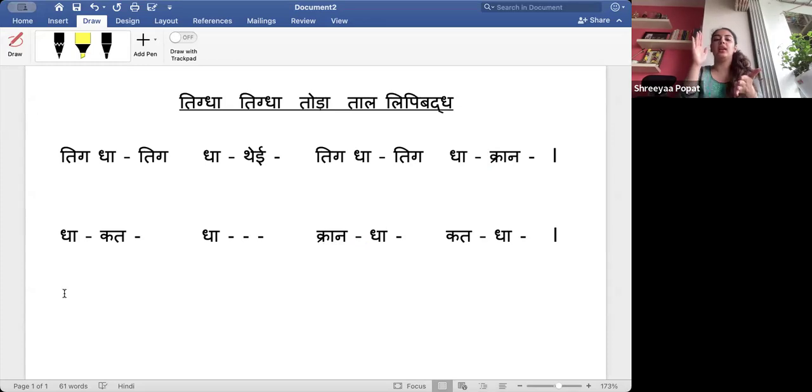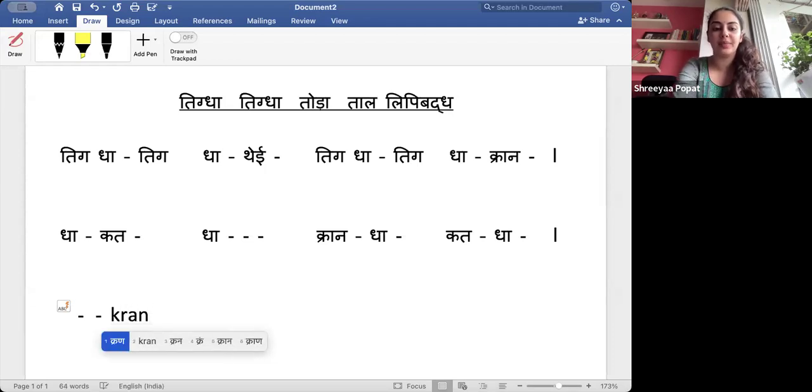So how do we recite? Tigdha, tigdha, thai, tigdha, tigdha. Kran dha, kat dha, kran dha, kat dha, kran dha, kat dha. Next one will start mid-air. So you leave 2 spaces and then write kran.